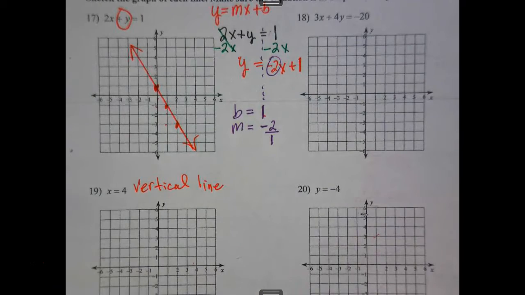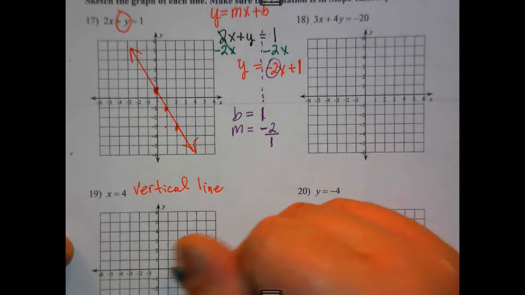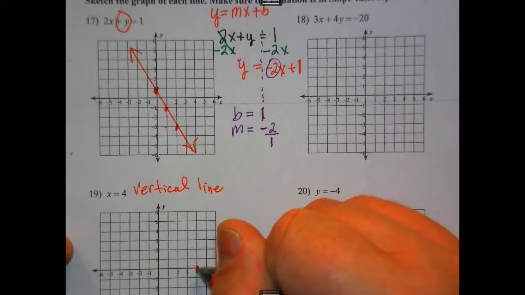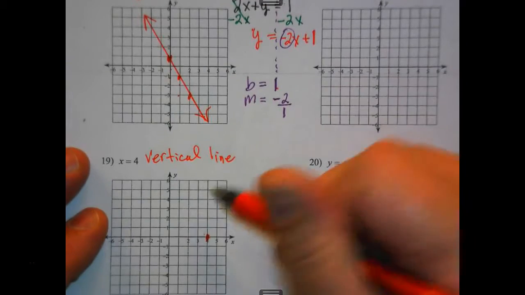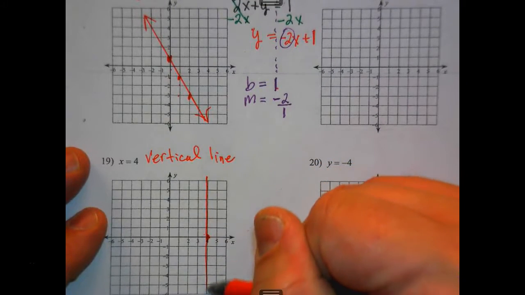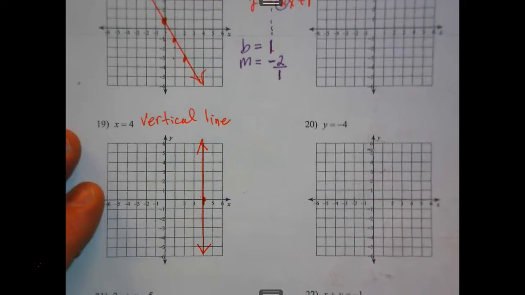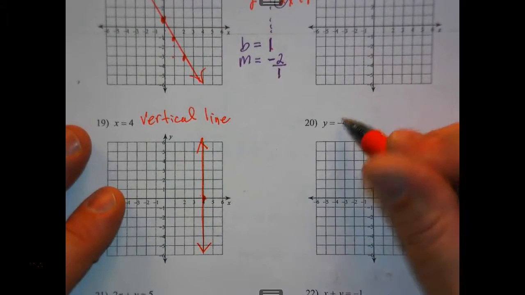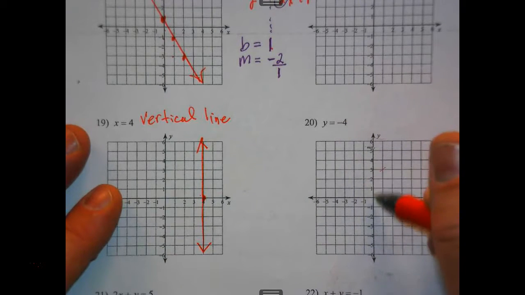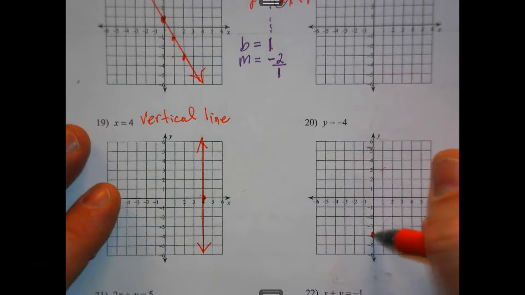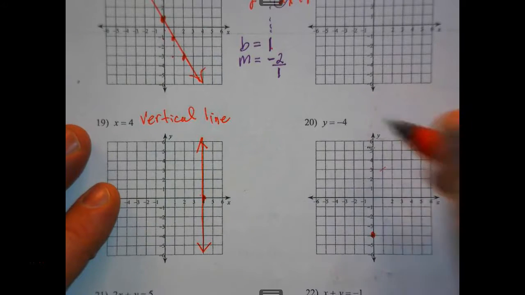If you have x equals a number, on my x-axis, it's a vertical line at that number. Y equals a number? Well, now we're looking at the y-axis. There's -4. It's a horizontal line.